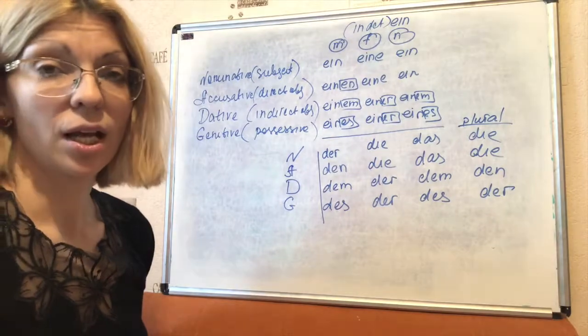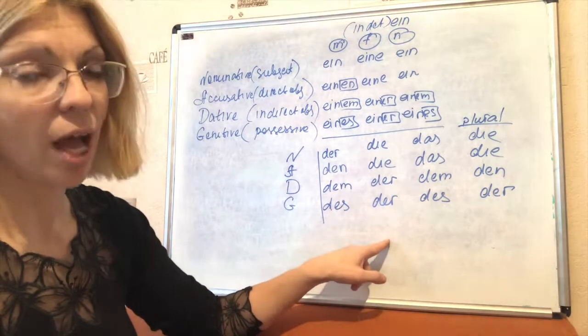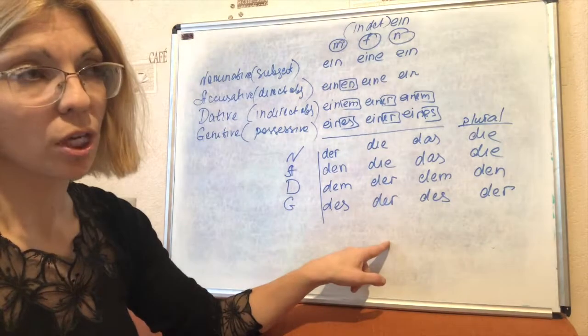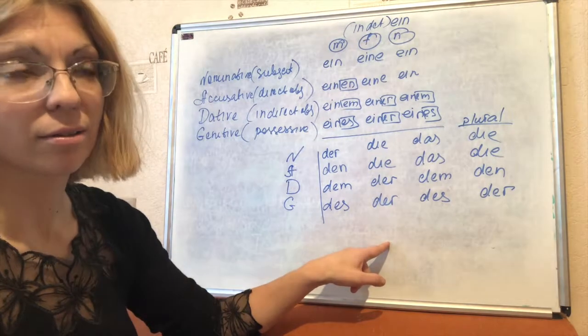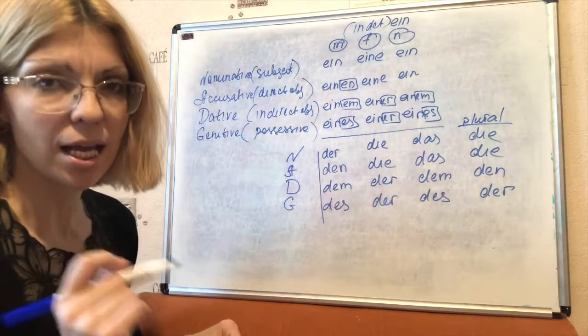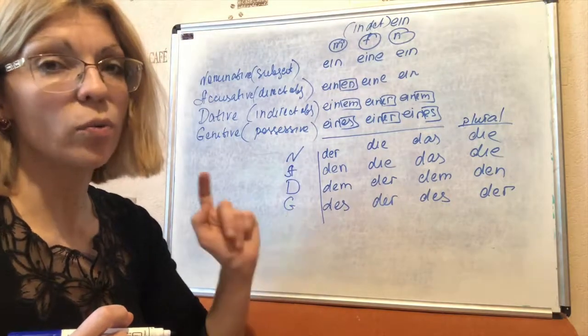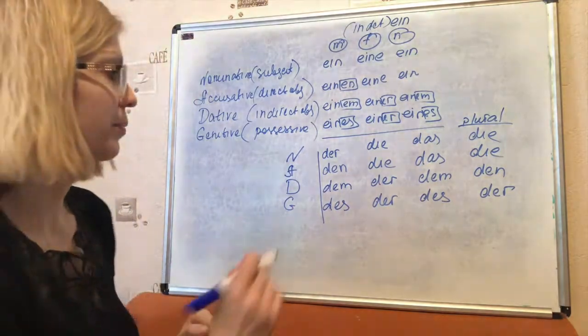Okay. How to remember this chart for the definite articles? Now I'm going to give you a mnemonic, an acronym. Let's take the last letter of every definite article and we will see what we will have.